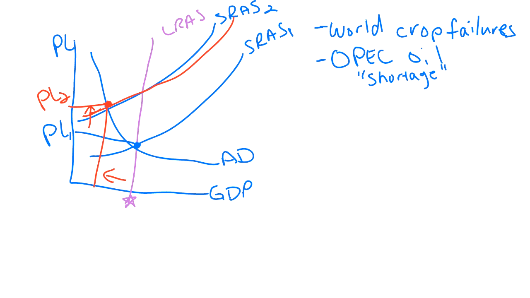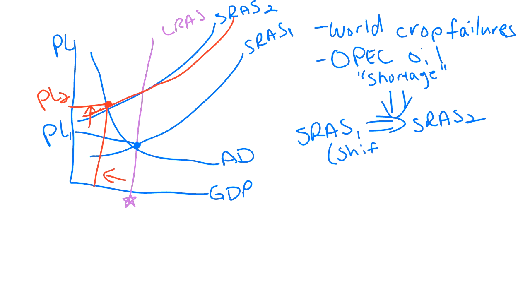So this all caused short run aggregate supply 1 to decrease, shifted left to short run aggregate supply 2. And then this caused stagflation.